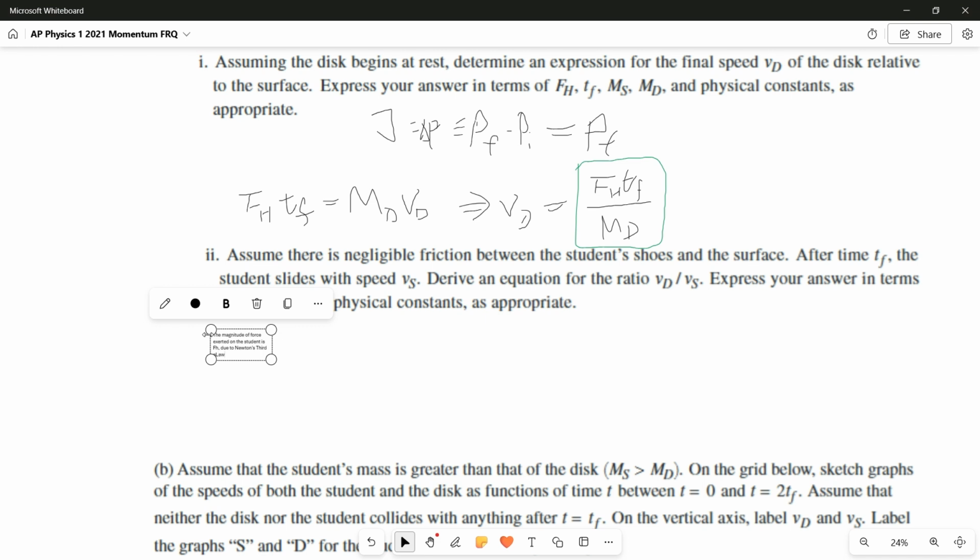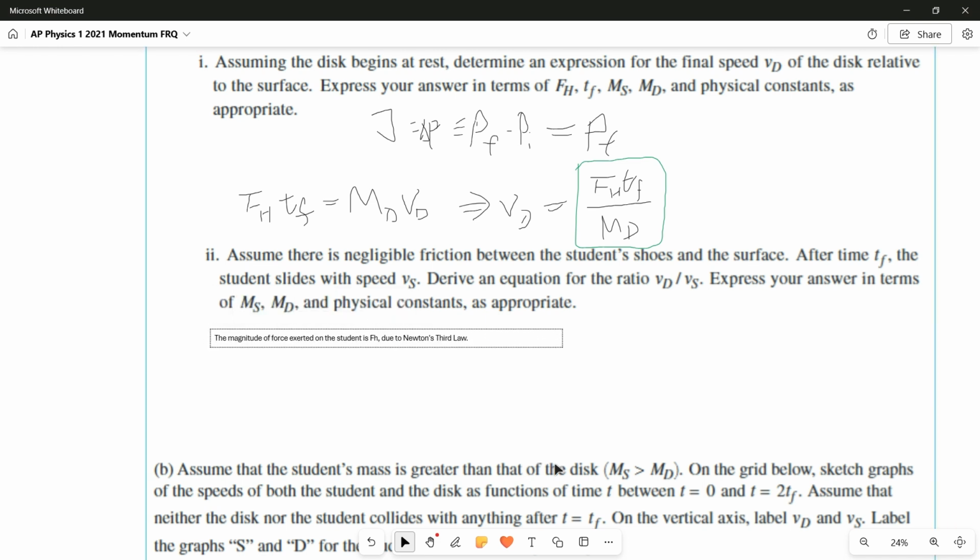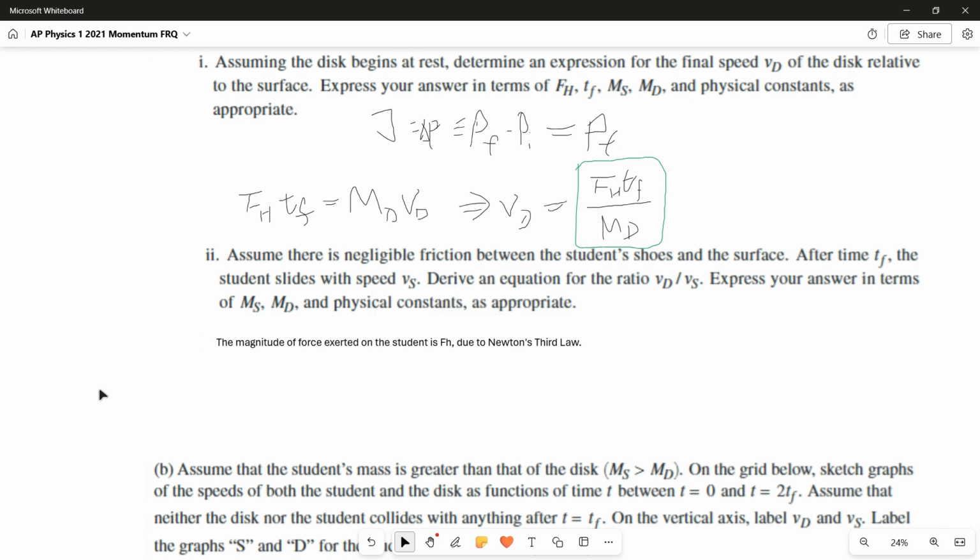You don't need to explain why it's due to Newton's third law, but it'd still be nice if you explain why: because they're part of the same system, and there was a collision and there were no external forces involved. So because of this, actually all we really need to do is copy out our derivation before.